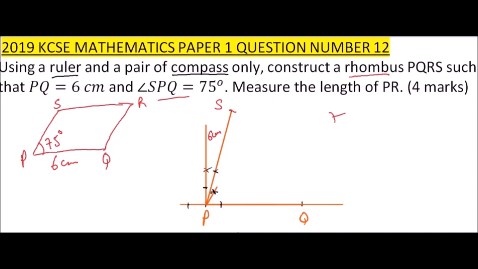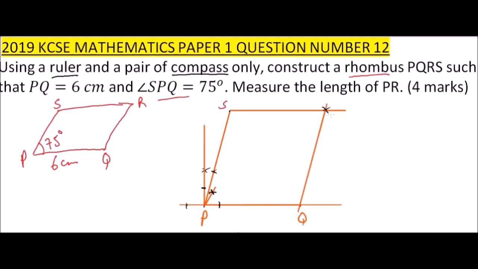So let's do that. I have finally gotten the point R, where I have used Q and S to get the position of R by extending my compass where the two intersect, and this is 6 centimeter, and also this I measured 6 centimeter. So that is how I obtained my point R.